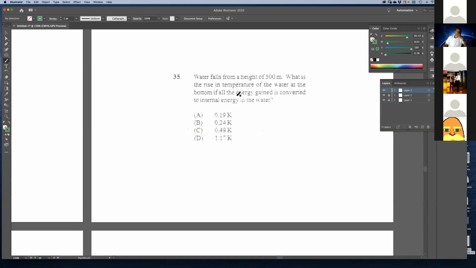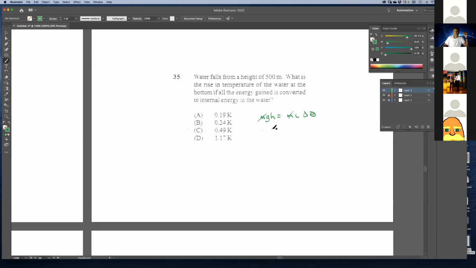All right. Water falls from 500 meters. What is the rise in temperature at the bottom, if all the energy is converted to thermal energy? So we have mgh is equal to mc delta theta. I know many people get stumped by this question because they ask, what is the mass of water? It doesn't matter what the mass is, it cancels out.